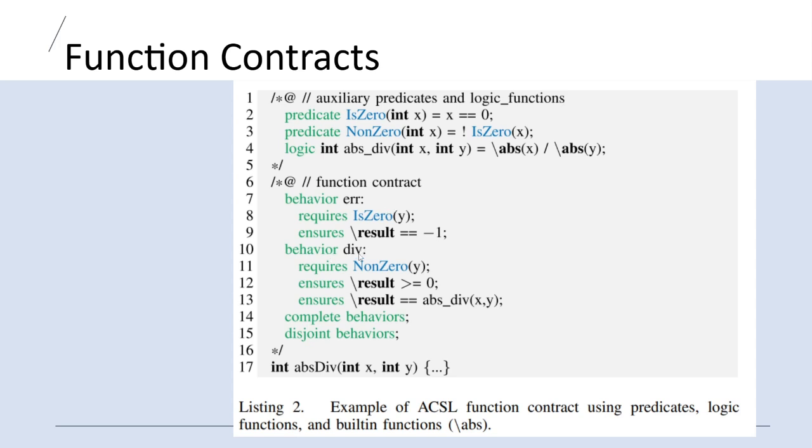The behavior div has the precondition that y is not equal to 0, so the postcondition is the result is greater than or equal to 0, and the result is the absolute division result.